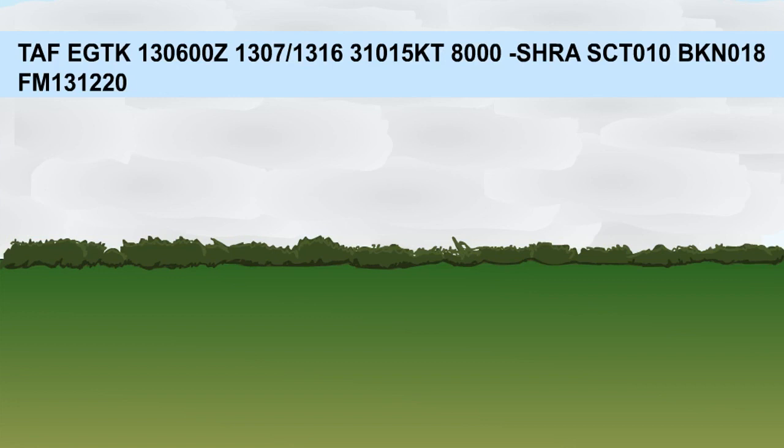This weather change forecast supersedes the corresponding forecast prior to this period. In this example, from the 13th at 1220 Zulu till the end of the TAF period, the wind will change to be 270 degrees true at 17 knots, with a minimum visibility of 4,000 meters and broken cloud at 1,000 feet.